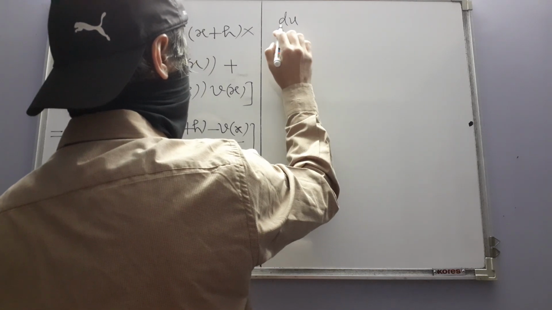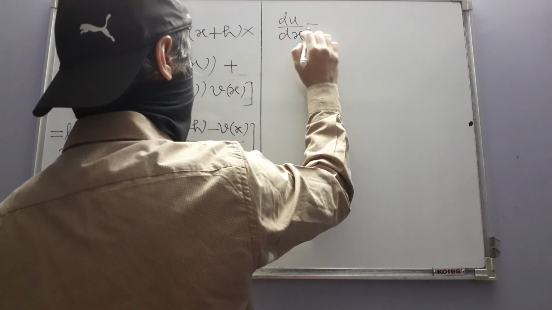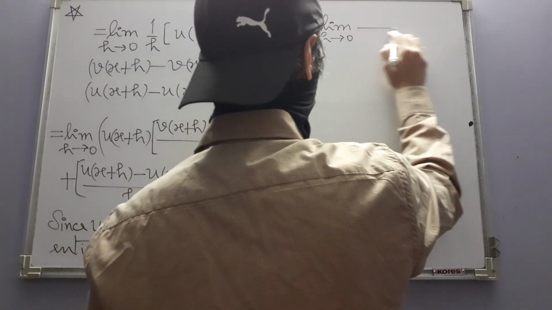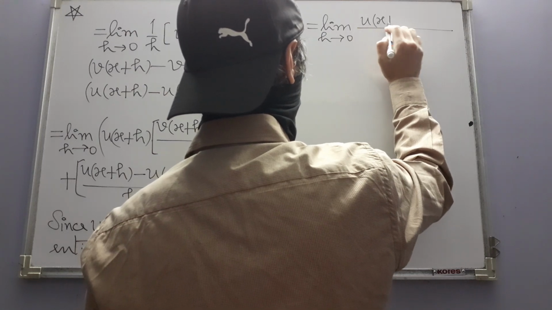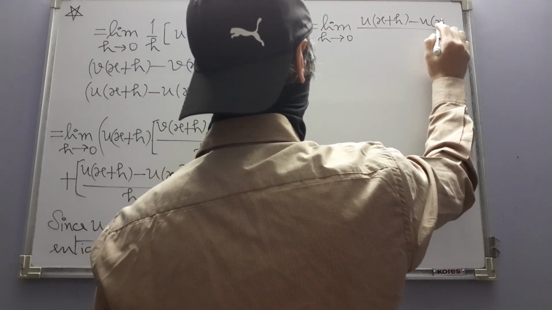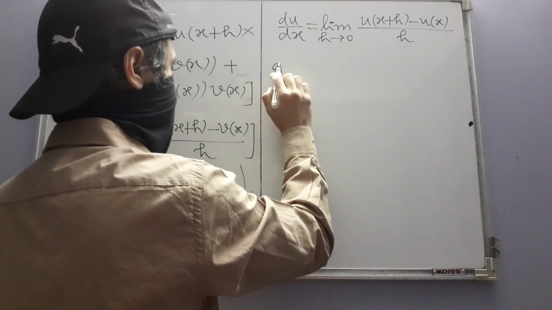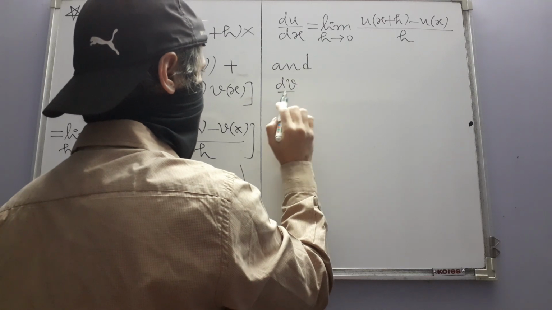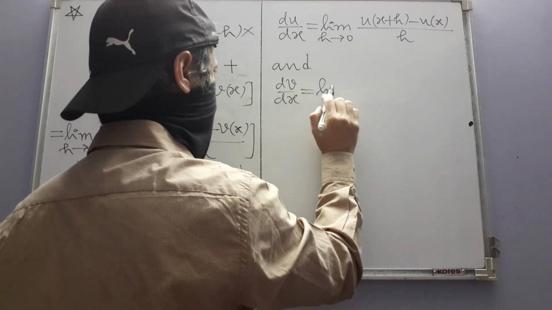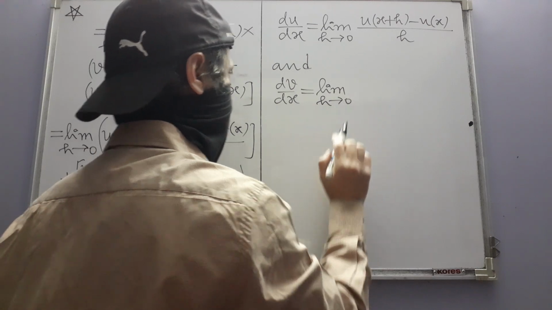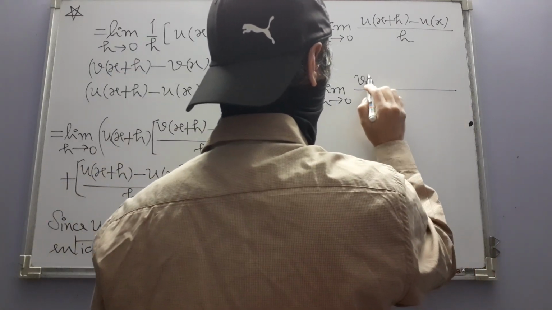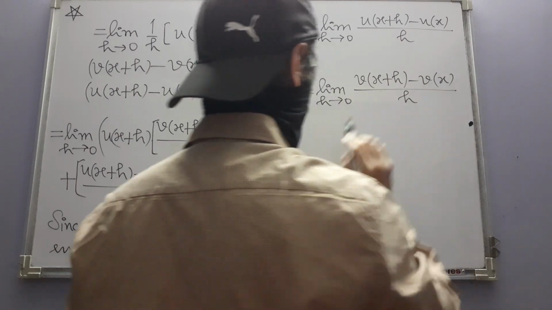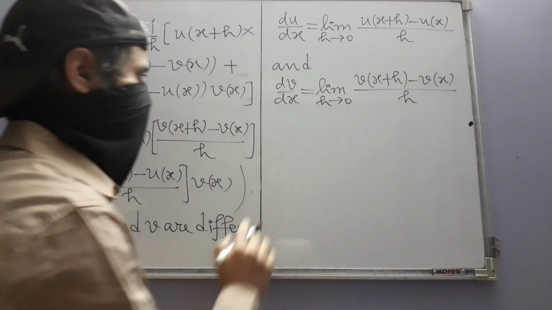One of them is, of course, the derivative of u with respect to x, which is this limit, u of x plus h minus u of x divided by h. And the other limit, let me write it here, is this. v of x plus h minus v of x divided by h. Both of these limits exist.